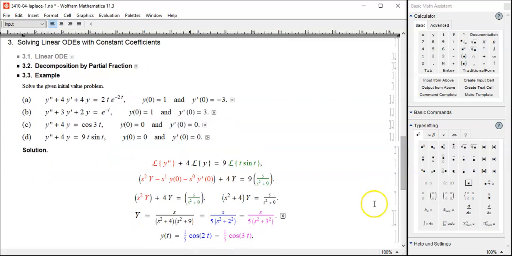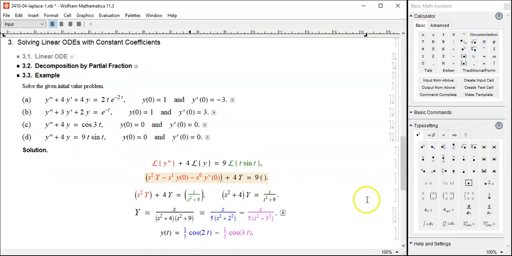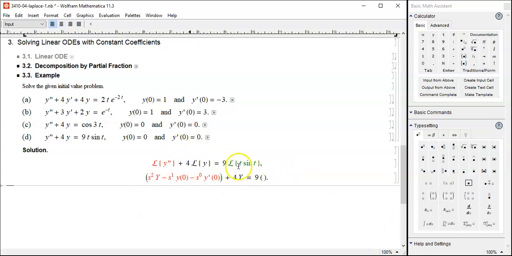And if I go over to my textbook, probably there is a bigger formula table so that I will be able to find what the Laplace transform of t sine of t is. But let's pretend we don't have that kind of luxury. Okay, in that case, what choice do we have?